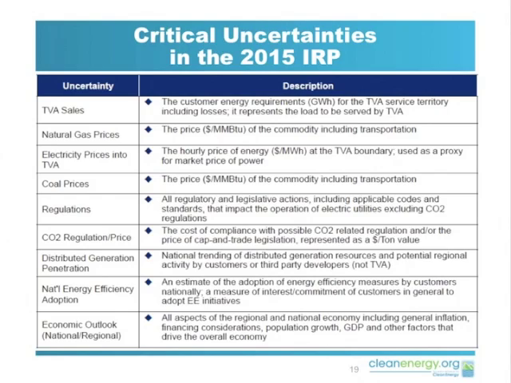This is going to make for a whole new planning environment for TVA, and this is going to be one of the main things that I think TVA is going to have to address in their business plan, is how they're going to address a low or no growth future. So that'll play a big part in the 2015 IRP planning process.